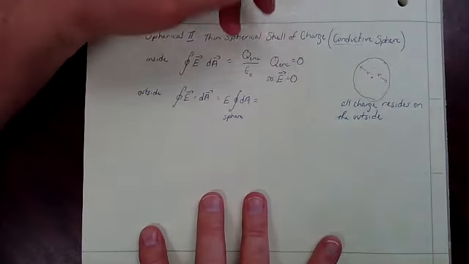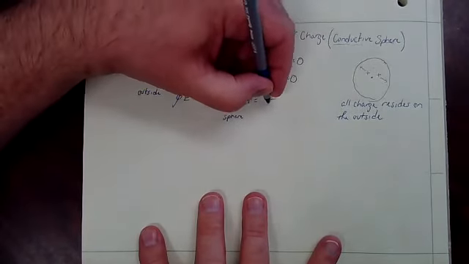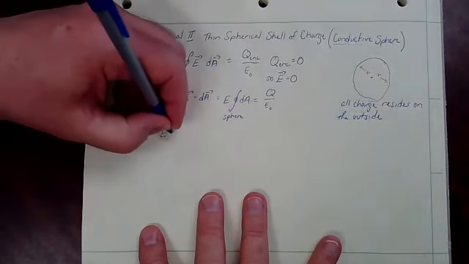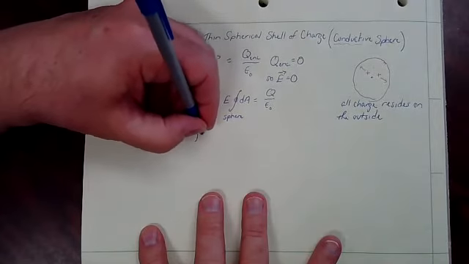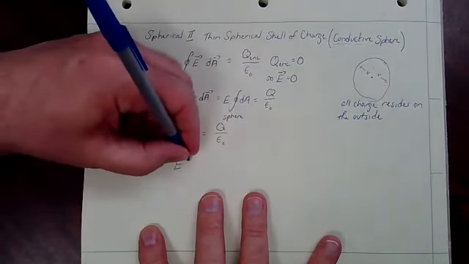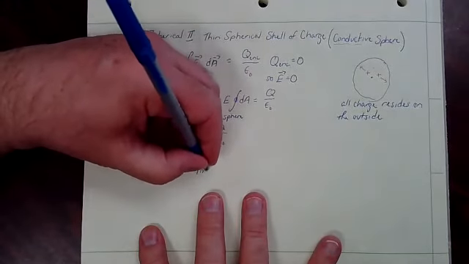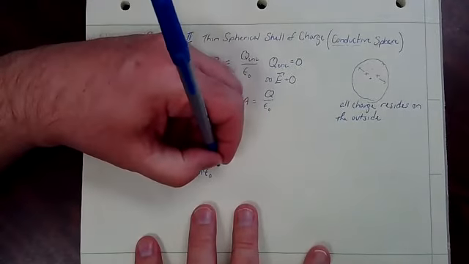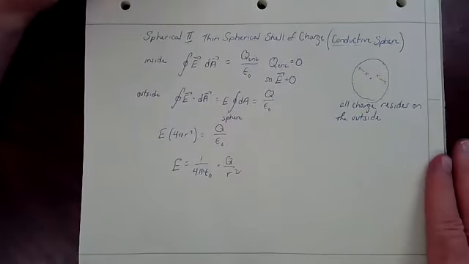And that's equal to Q, whatever the whole charge is, over epsilon naught. And the sphere's area is 4 pi r squared, so E times 4 pi r squared equals Q over epsilon naught. So our electric field is equal to 1 over 4 pi epsilon naught, which we also know is K, 9 times 10 to the ninth, times Q over r squared. So now it's behaving like a point charge again.